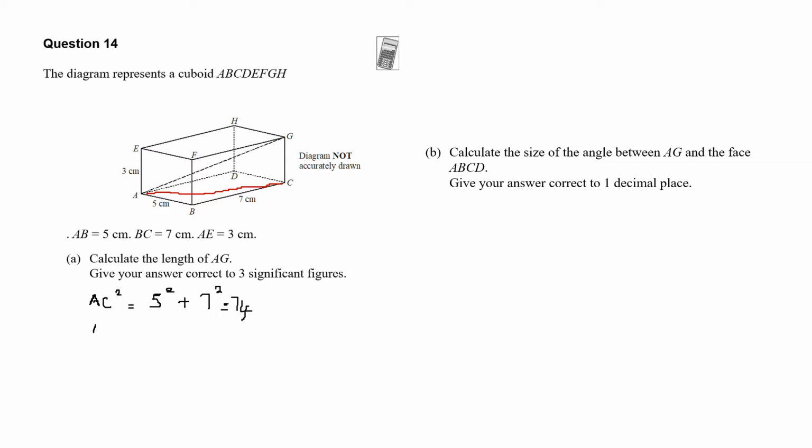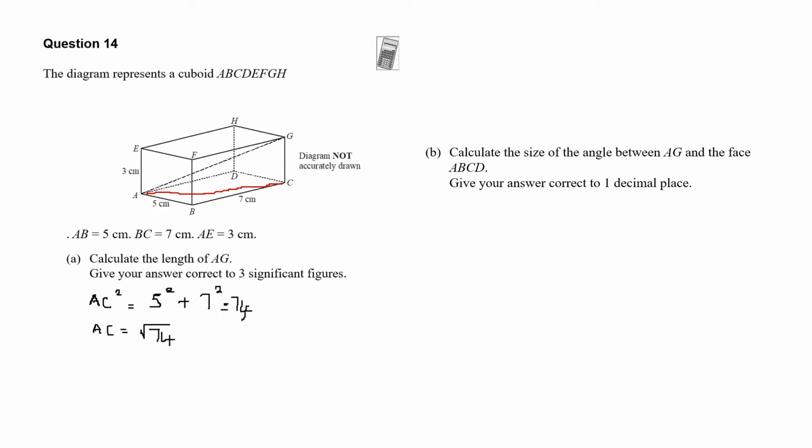So I can find AC by finding the square root of 74. I'm just going to leave that in surd form because it's more precise, more accurate, and I haven't got to write out lots and lots of figures in my next calculation.